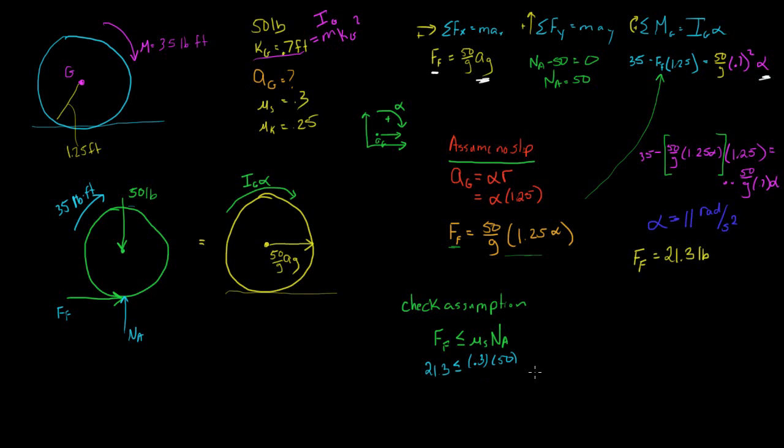So we have to check if this 21.3 is less than the coefficient of static friction times our normal force. And if we do this, this is not true. This is equal to 15, and 21.3 is not less than or equal to 15. So our assumption was false. This means that the wheel slips as it rolls.